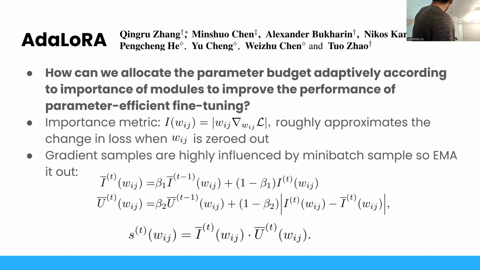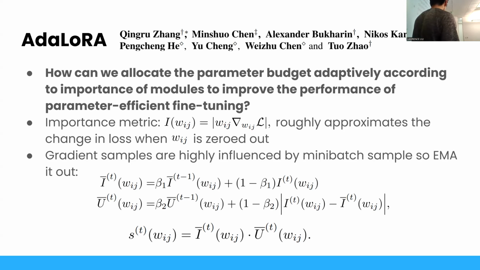The problem is that this gradient term is highly influenced by which mini batch you sample to get the gradient. So what these authors propose is the so-called exponential moving average, where in essence they take the first and second moments. It's actually not the second moment.